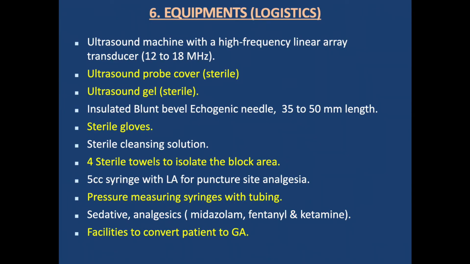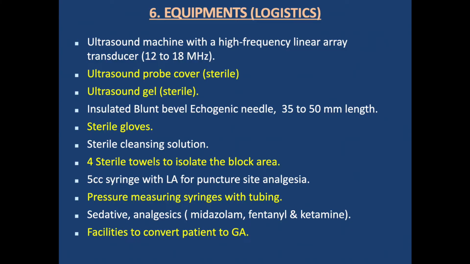Equipment and logistics required are an ultrasound machine with a high-frequency linear array transducer, 12 to 18 MHz, ultrasound probe cover, and ultrasound gel, sterile gel. We need an insulated blunt bevel echogenic needle of 35 to 50 mm length, and in obese patients maybe 80 mm length.